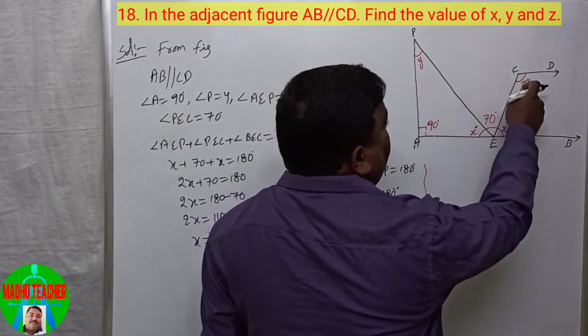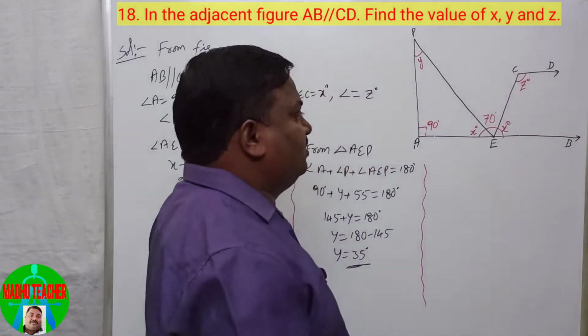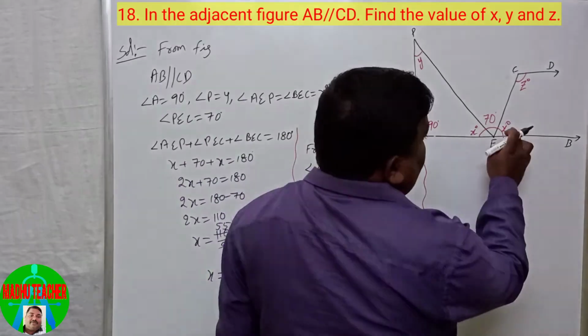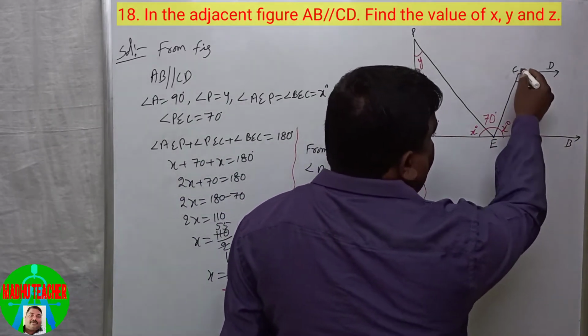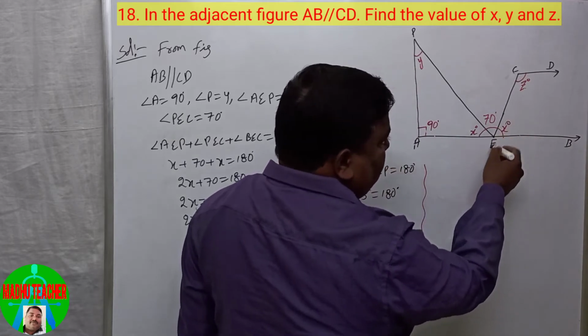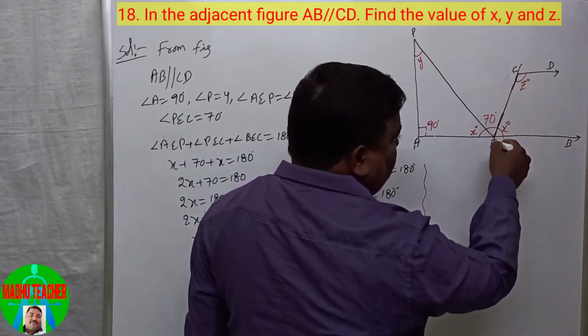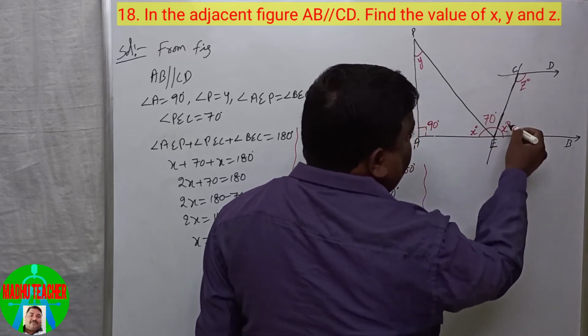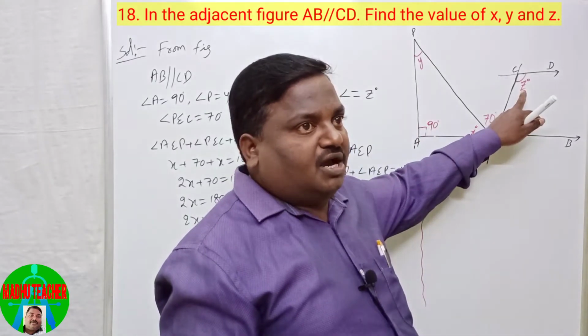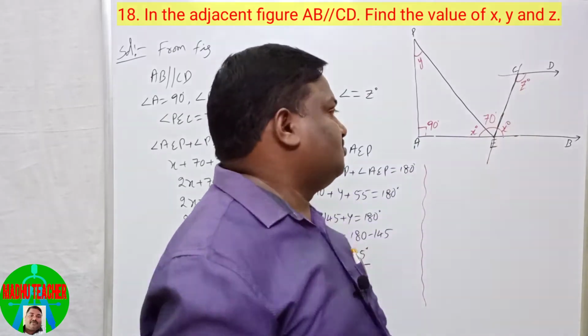Got x and y. Last we have z. By observing these two, AB is parallel to CD and CE is the transversal. These two angles are interior angles on the same side of the transversal.